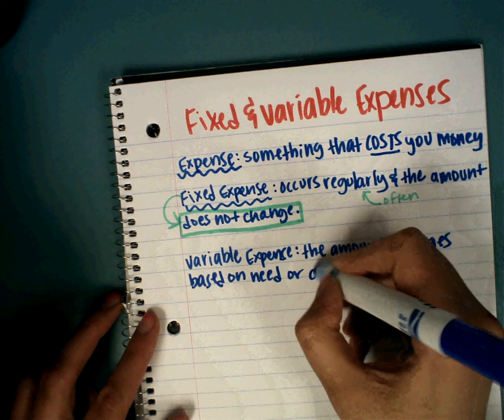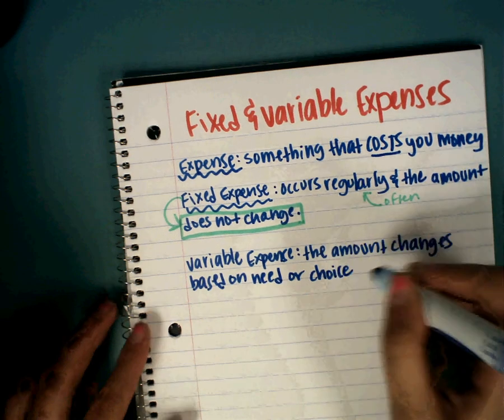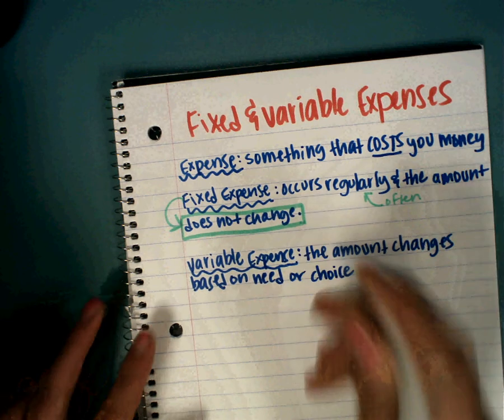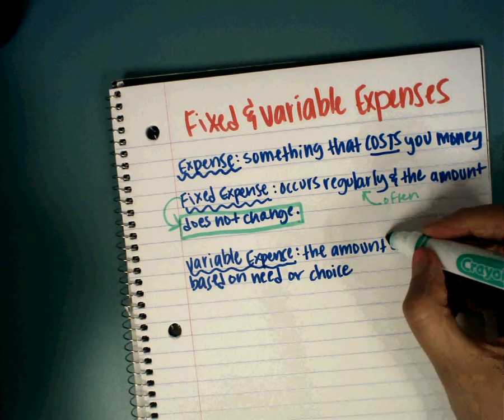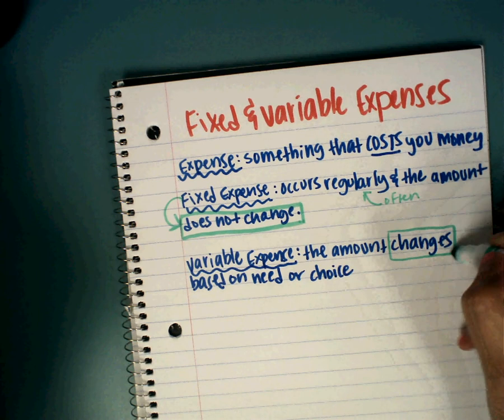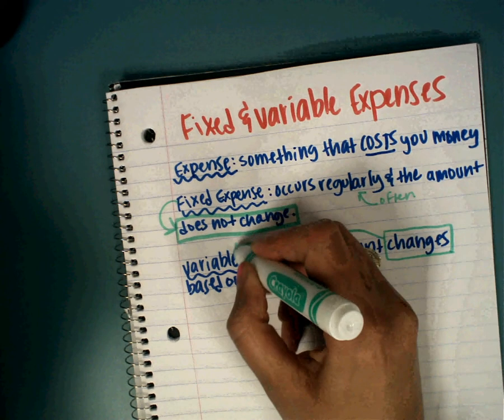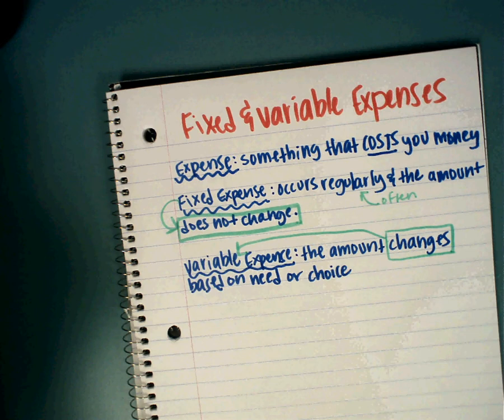Okay? A little squiggly. So changes, that is importante, right? That is what variable means. Variable means change. So those are our 3 vocabulary words that we need.